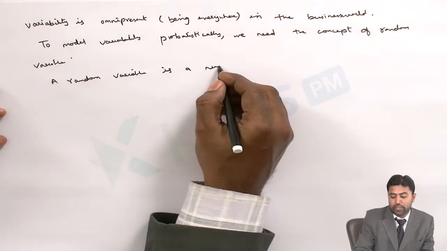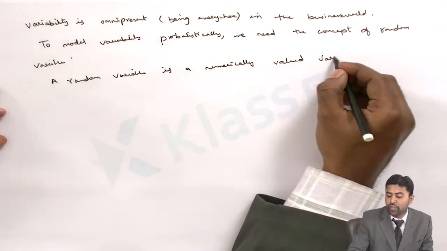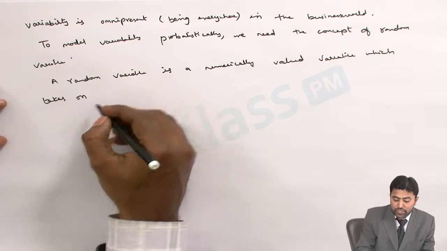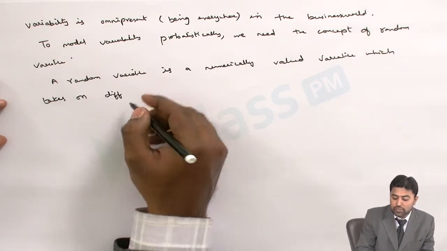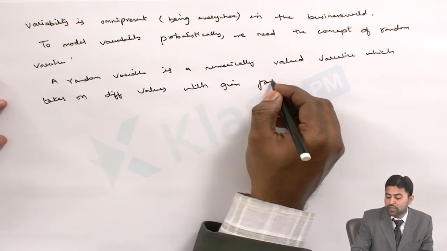A random variable is a numerically valued variable which takes on different values with given probabilities.